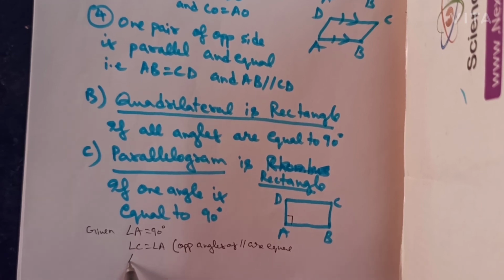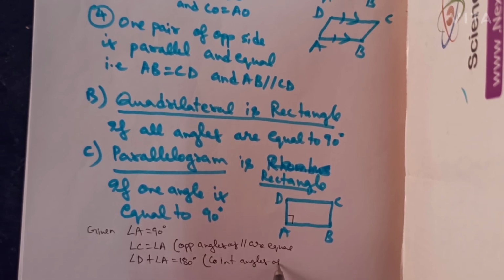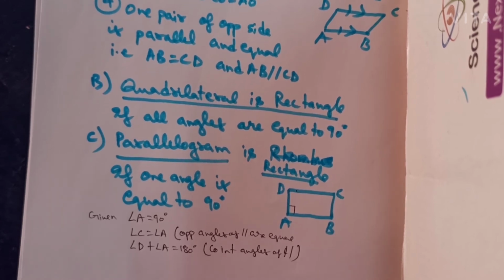Now angle D plus angle A will be 180, because consecutive interior angles of a parallelogram are supplementary. So angle D will be 180 minus 90, that is equal to 90 degrees.